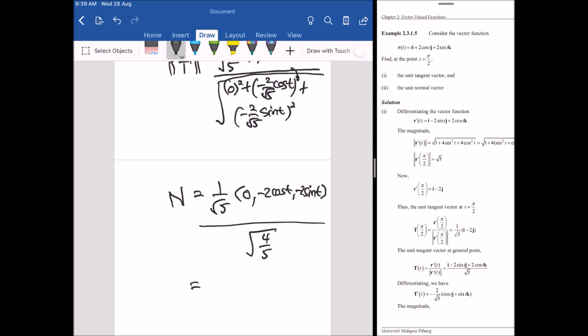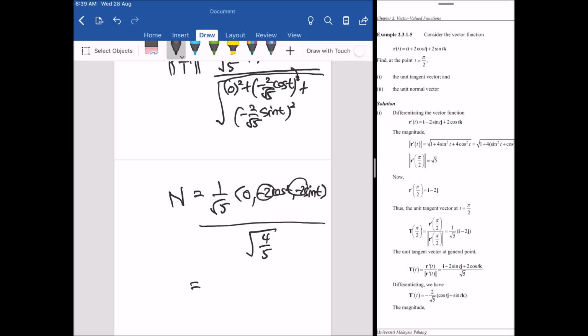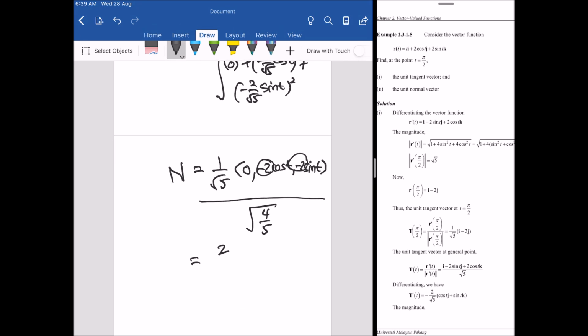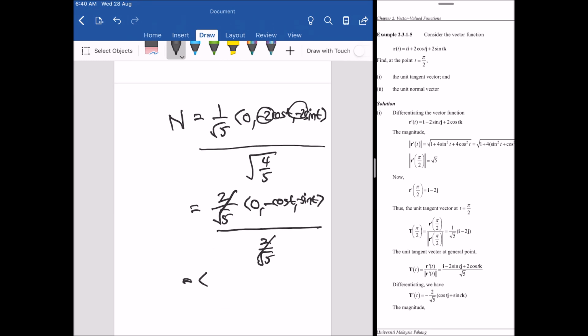Since there's a 2 here and a 2 here, if I take out the scalar 2, we'll have 2 over square root 5 times 0, negative cos t and negative sin t, and the denominator will be 2 over square root 5 as well. So I can cancel out these two, and what's left is only 0, negative cos t and negative sin t.